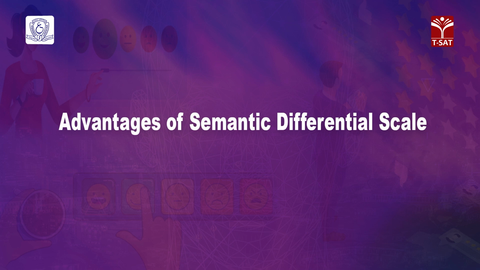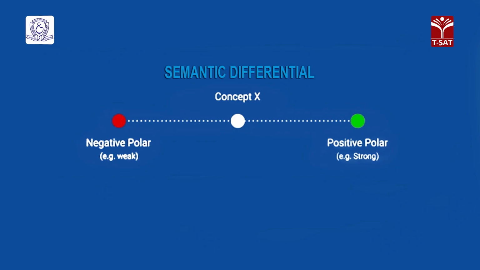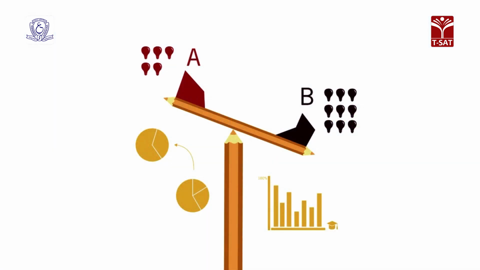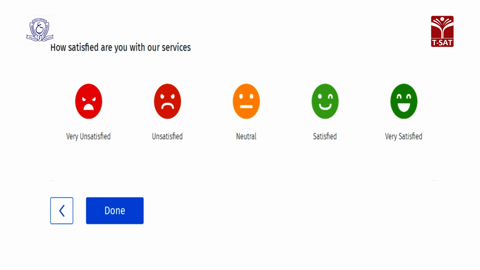The advantages of semantic differential scale are that it includes bipolar adjectives and it is very simple to understand and very economical means of measuring attitudes. And it is also the most appropriate scale when the researcher is interested in measuring feelings in terms of evaluation, potency as well as the activity of the respondent.